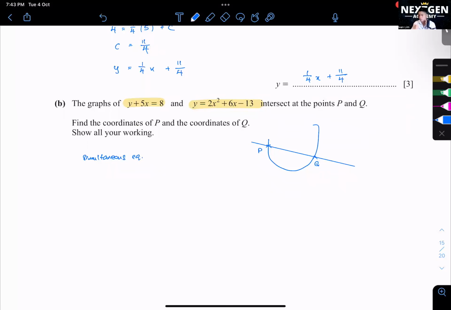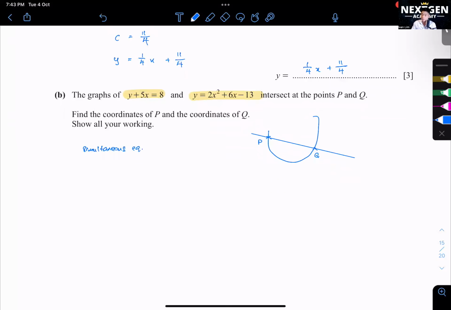These are all the earlier chapters. Okay, so we just substitute our equation 1 into equation 2. So 2x squared plus 6x minus 13 equals to, okay, wait, this one I need to rearrange first, right? y equals to 8 minus 5x. Okay, rearrange it to a quadratic equation.